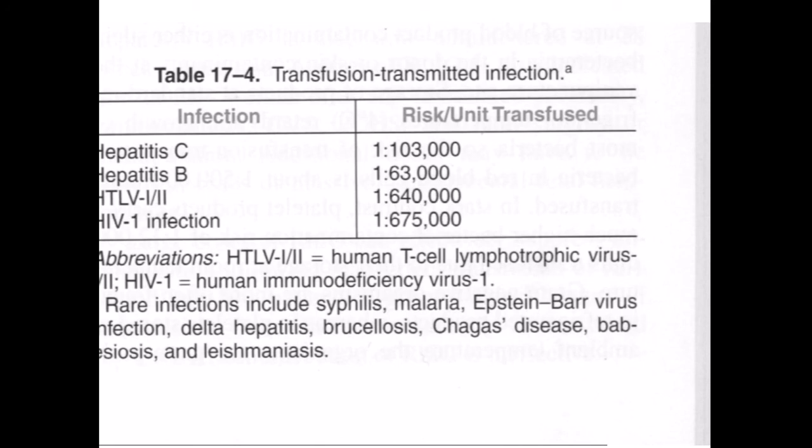It is very important to have a battery of tests to do on the donor, and if any of those shows positive, they don't take blood from that person. So remember hepatitis C and B and HIV. Those are the common viruses that we look for, and others.